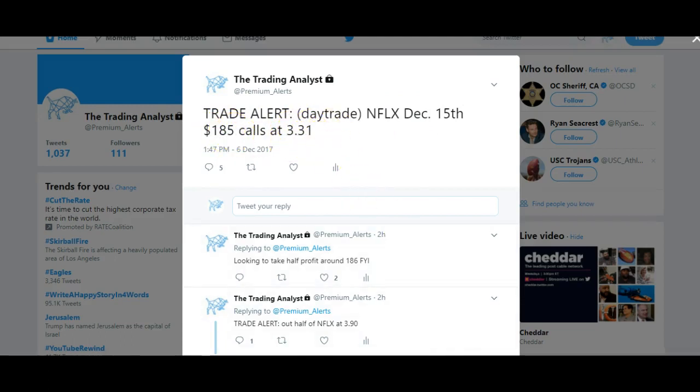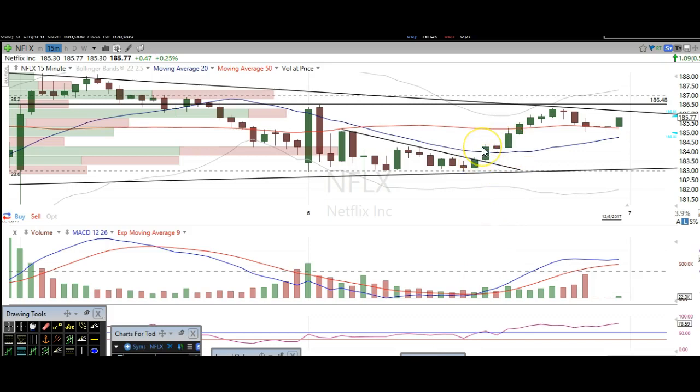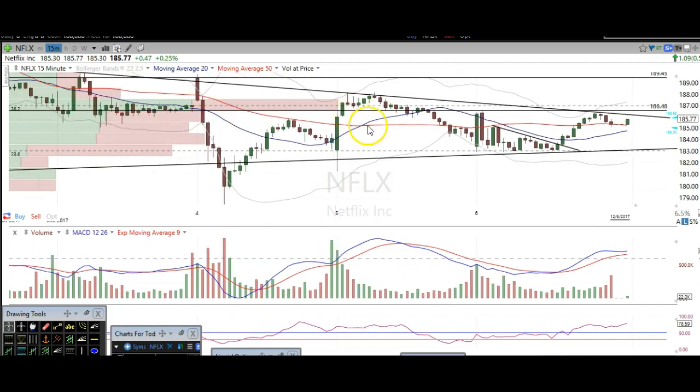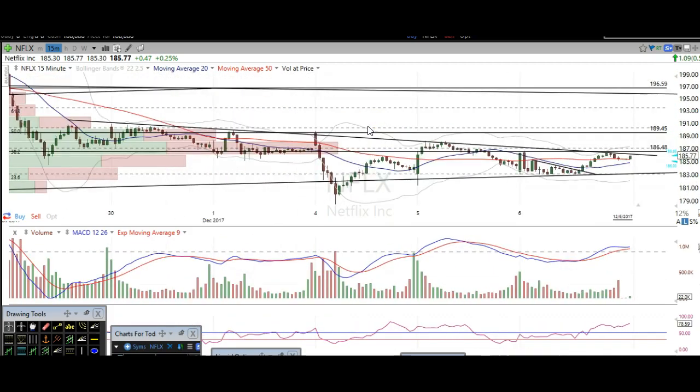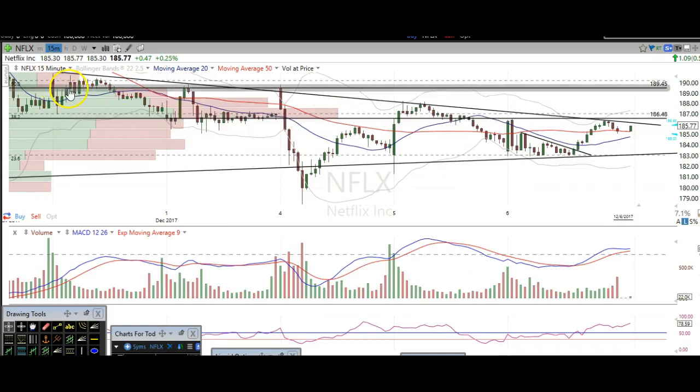We took that right here, and we were targeting around the high of the day, which is also this major downtrend line. You can see this is a key downtrend line right here. Look at how many times it got rejected. So that was our target right there.